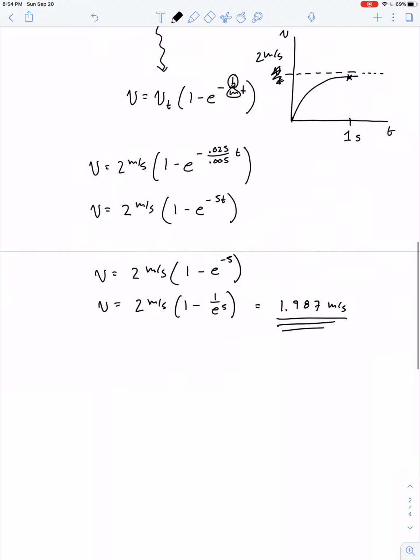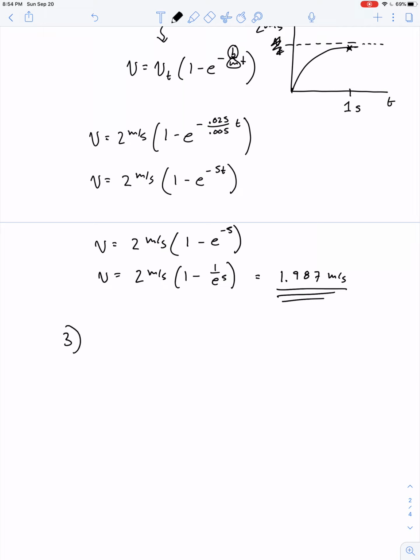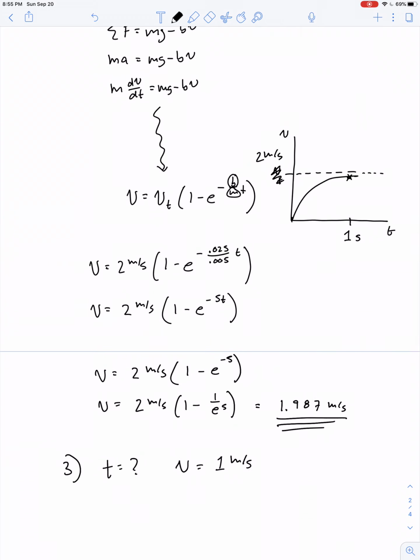Okay, so maybe we can ask the third and final question and say, how much time does it take for the speed to equal 1 meter per second? So if the terminal velocity is 2 meters per second, how much time does it take to reach a speed of just 1 meter per second?